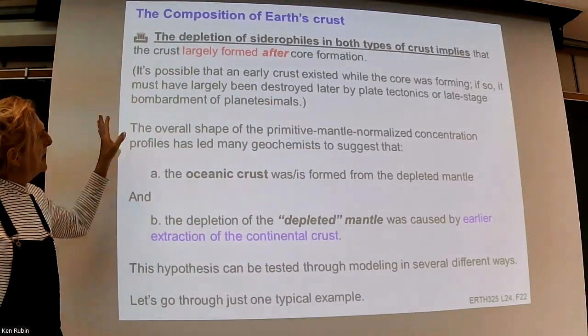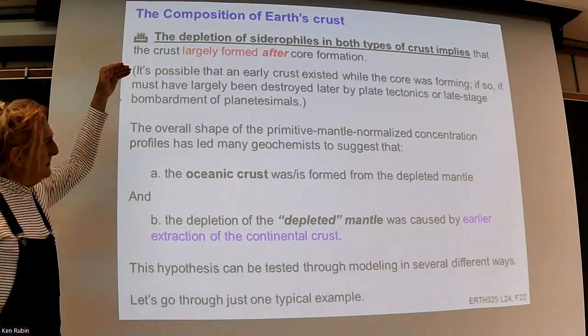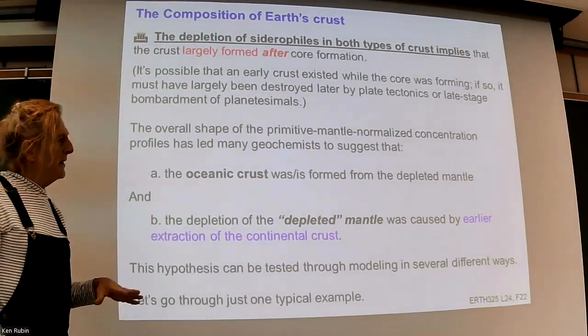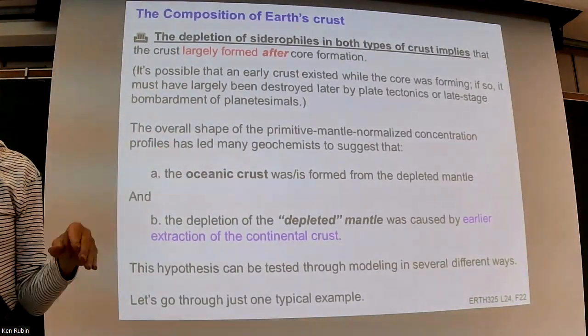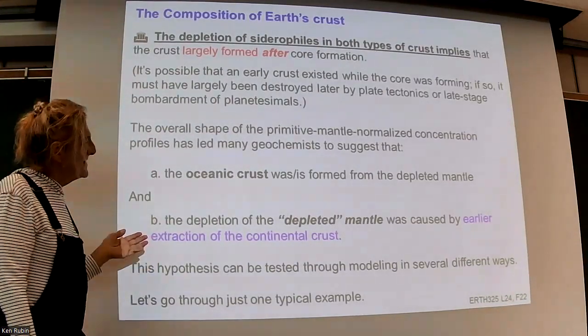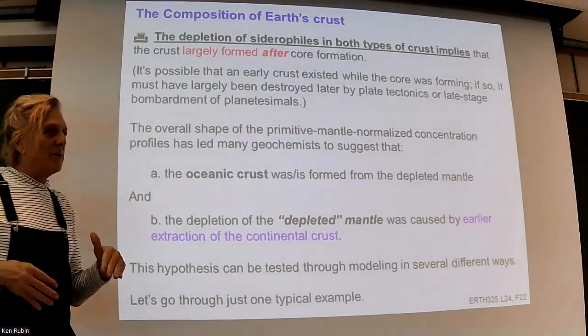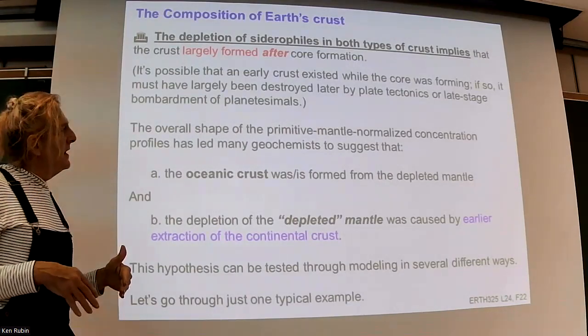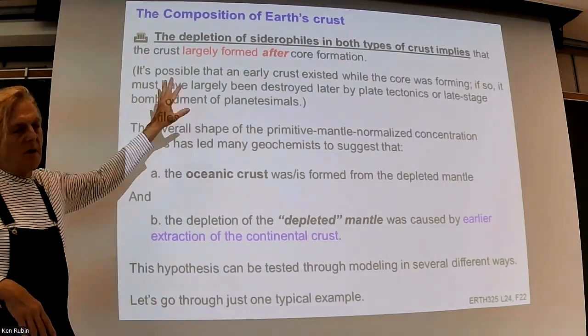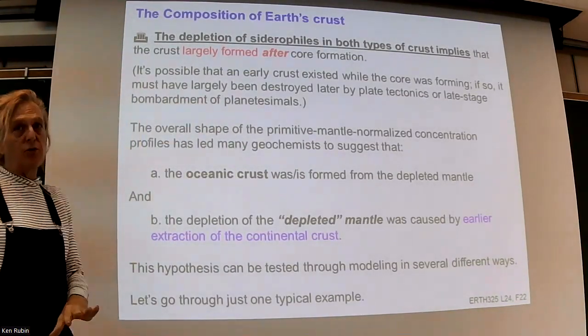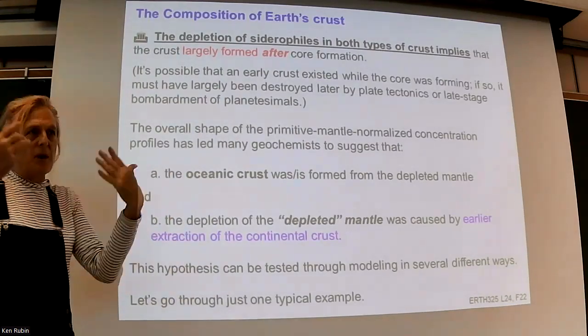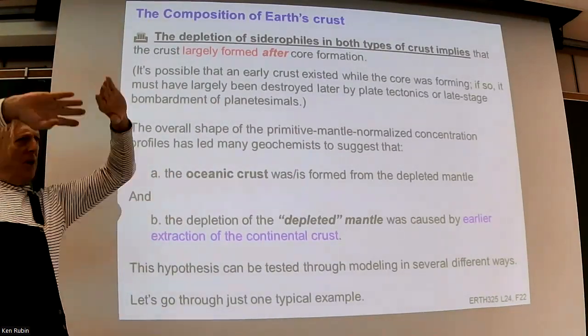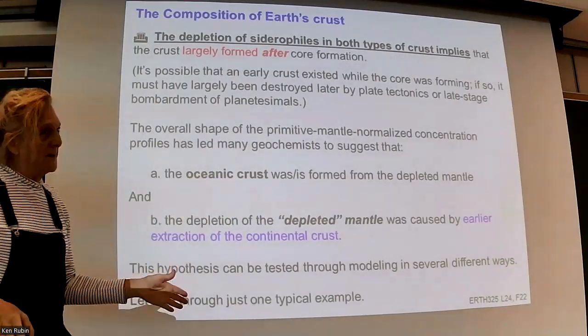Now, another important thing that I highlight here is that when we look back on that slide with the abundances, the siderophile elements are low enough relative to chondrites that we think that the core was largely formed before the crust that we can see today, right? When the core was being formed, there was a ton of melting going on.